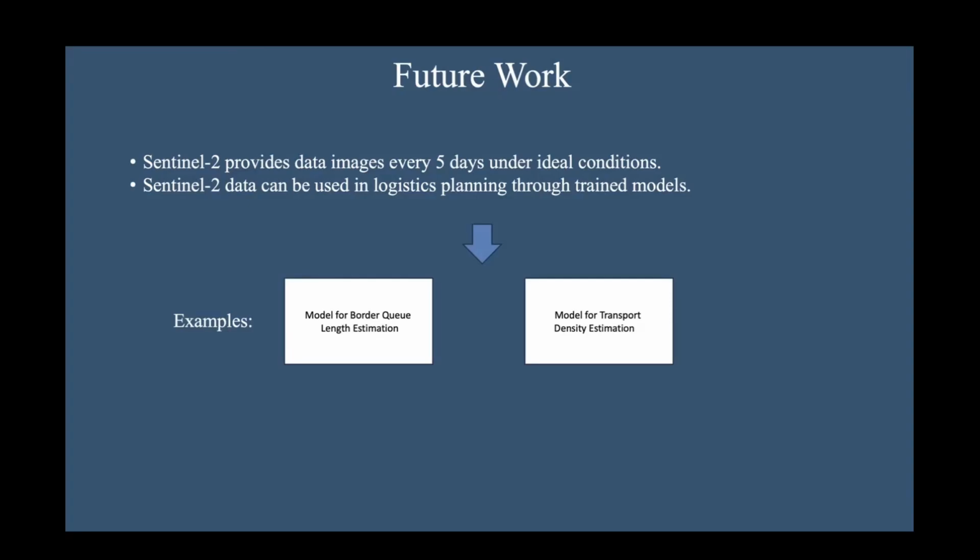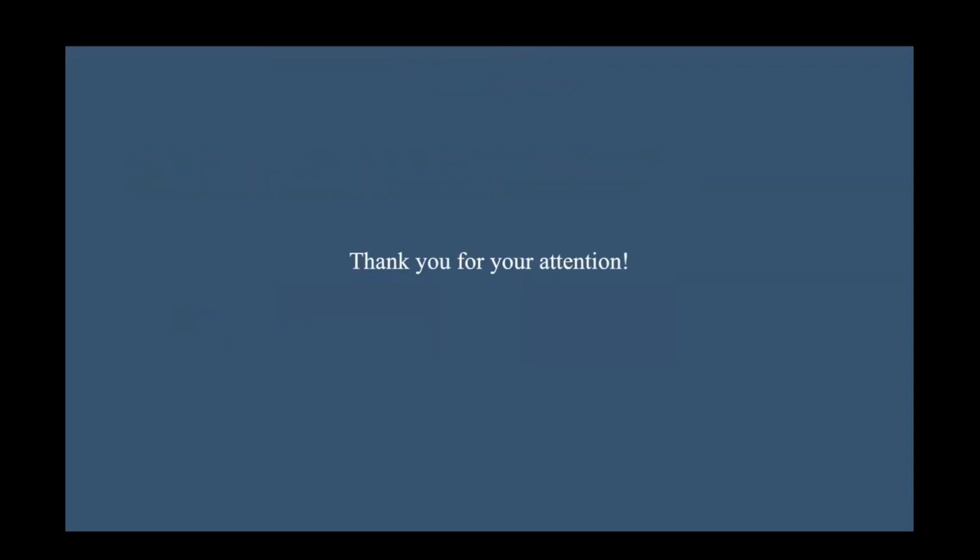For example, based on the previous two algorithms I mentioned, we could have a model that will estimate border queue length, or we can have a model that will estimate the transport density. But yet we're not able to use this data in real time just through trained models.